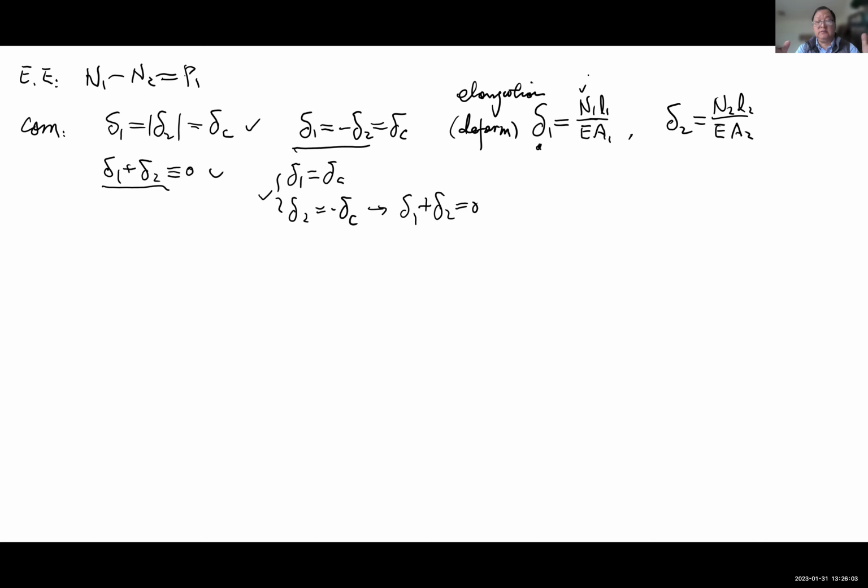Based on this one, I can say N1 equals E A1 over L1 times delta 1, and N2 equals E A2 over L2 times delta 2. So I'm just expressing N in terms of delta.